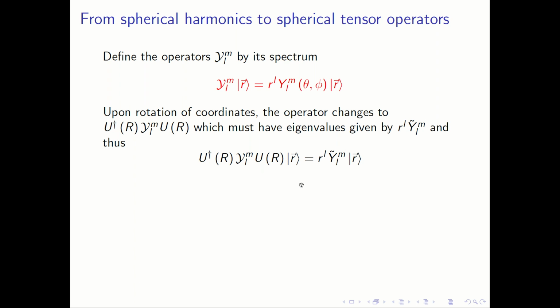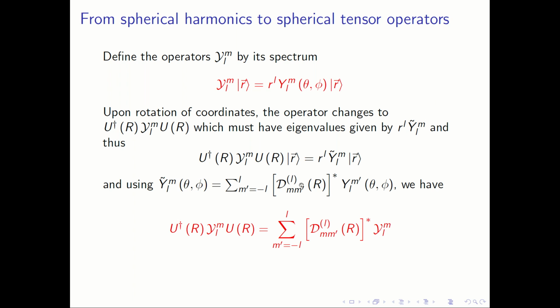Using the fact that Y tilde_lm is a superposition of Y_lm' with these coefficients, it tells you that these new rotated operators are simply a combination of the old ones. There is a typo here, this should be an m prime. So, Y_lm' combine with these coefficients to produce the rotated versions.